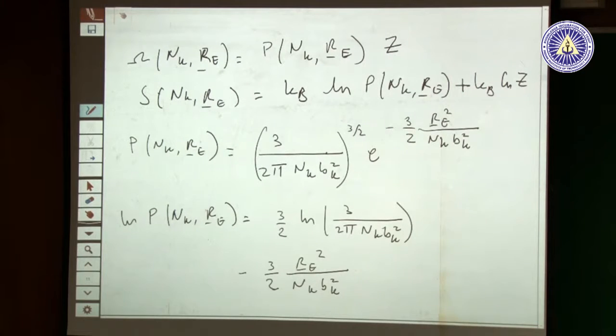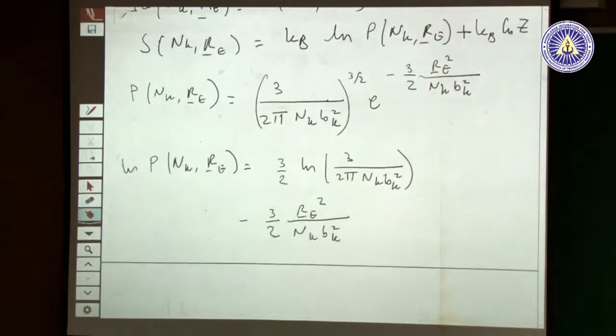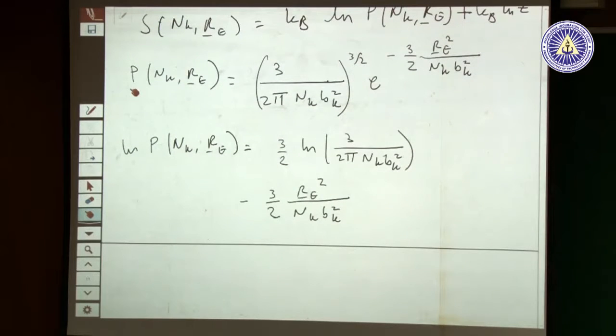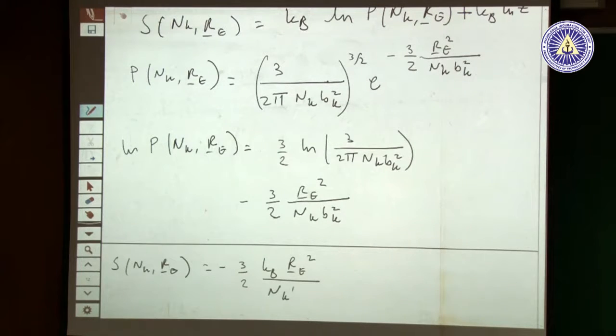So, then I can now write my entropy from above as S of nk comma Re was Kb times this log. So, I will keep this 3 over 2 Kb times Re squared over nk bk squared.